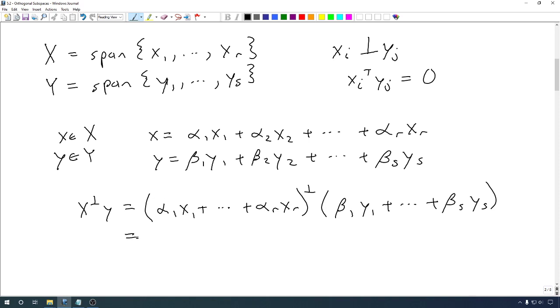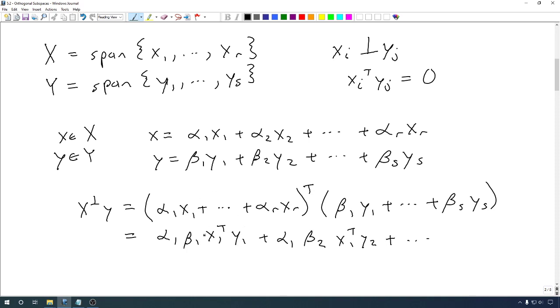We'll have a lot of terms in here, but we'll have a term alpha 1, beta 1, x1 transpose y1. We'll also have a term alpha 1, beta 2, x1 transpose y2. So here the x1 got paired with the y1, and here the x1 got paired with y2. Then we'd add the x1 paired with y3, and so on and so forth. We have a lot of terms here, in fact, r times s terms.